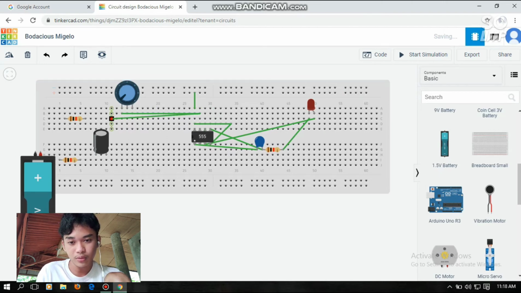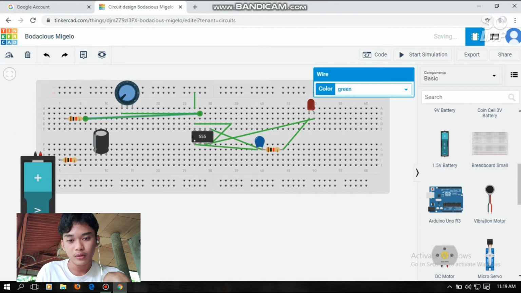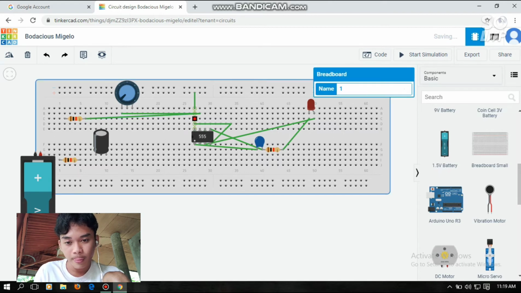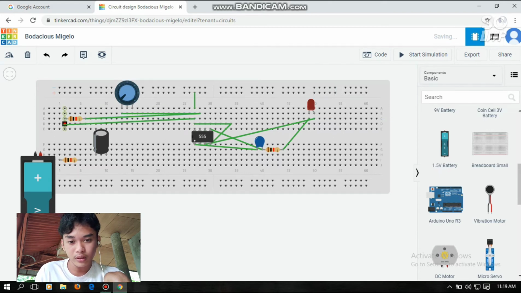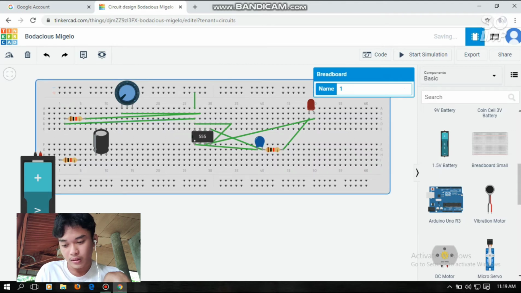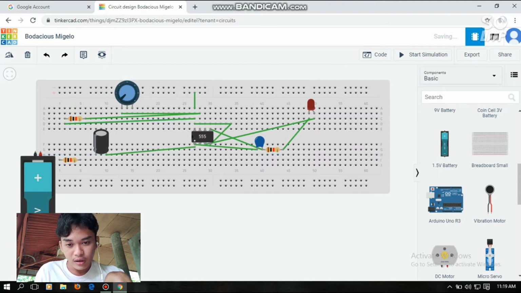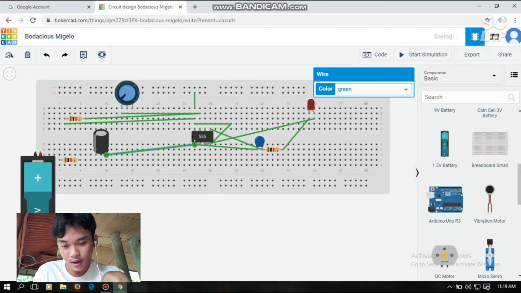Discharge connected to terminal 1 of resistor 2. Then connected to resistor VCC, and then the capacitor connected to the ground.